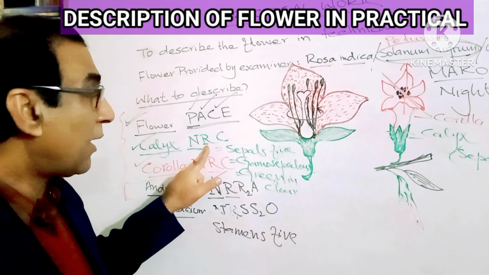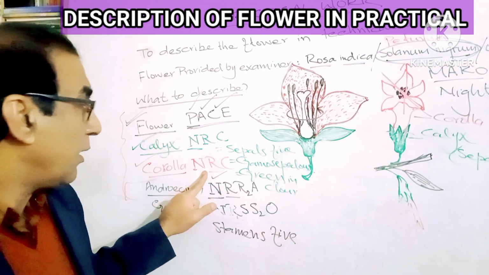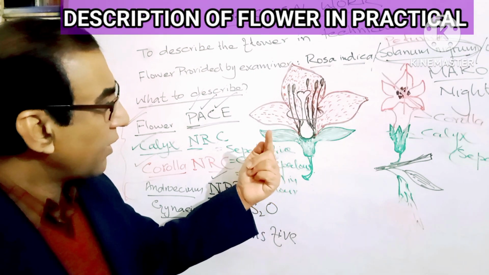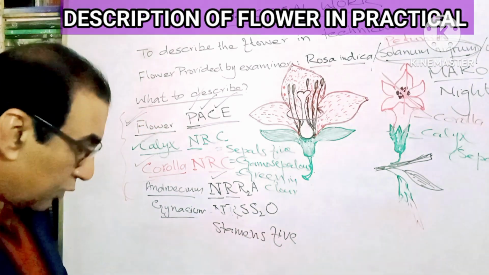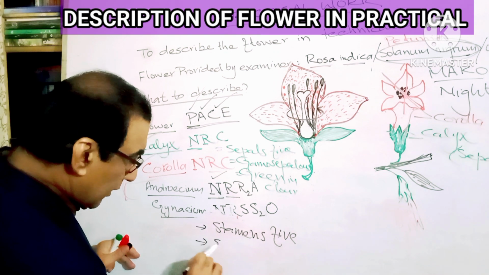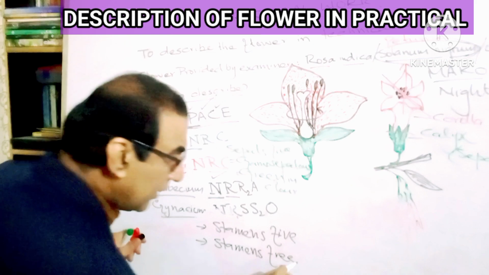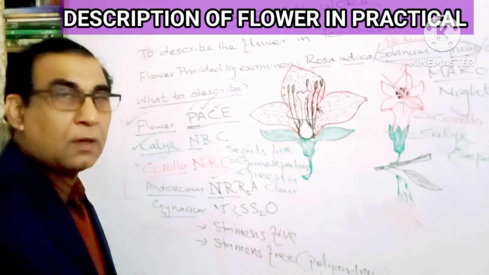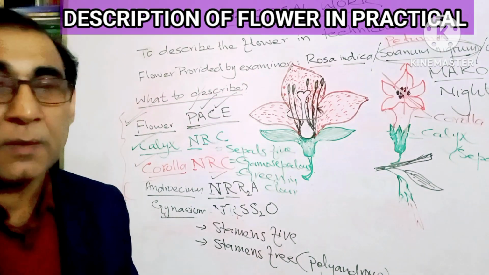As you studied, R for calyx, R for corolla, here you have to see R, relationship. If they are free, you will say they are free. So you will write stamens free. It means polyandrous. You can write first polyandrous and then in brackets write stamens free.